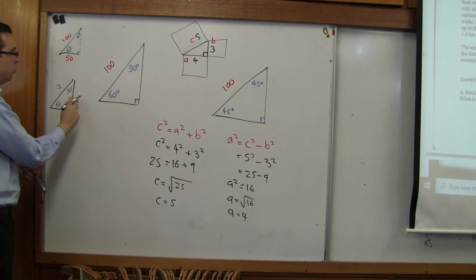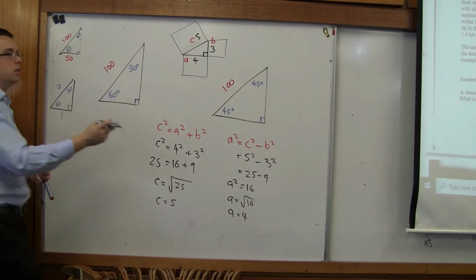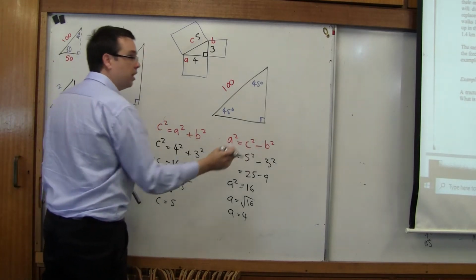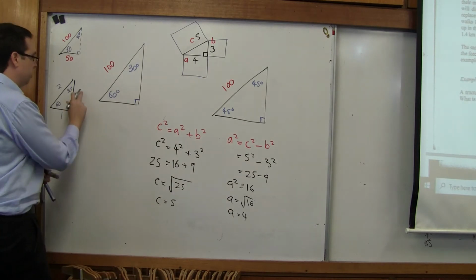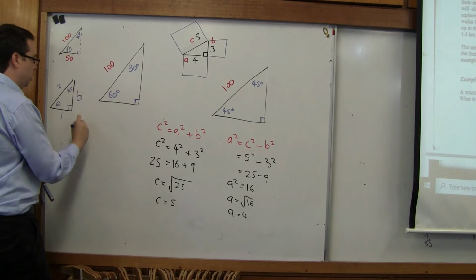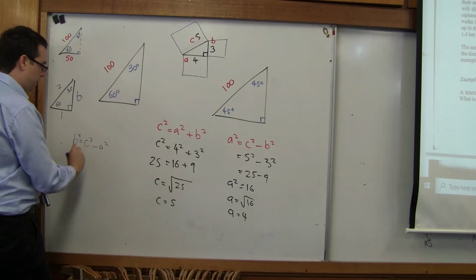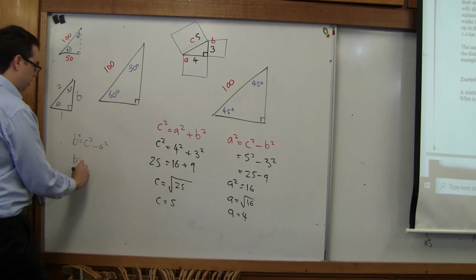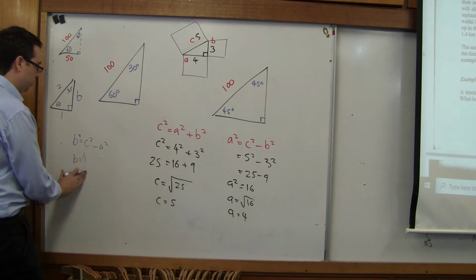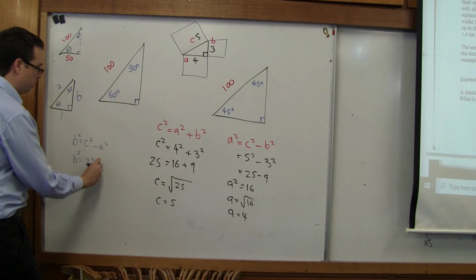Now, in this case here, what would the Pythagoras be? Root 3. Okay, help me get there. So it's the hypotenuse squared minus the other side squared. We'll call this side B. B squared equals C squared minus A squared. So in this case, 2 squared minus 1 squared.